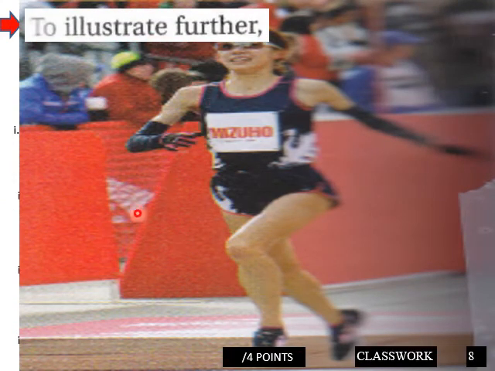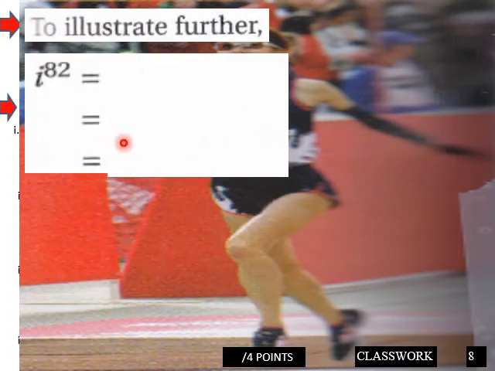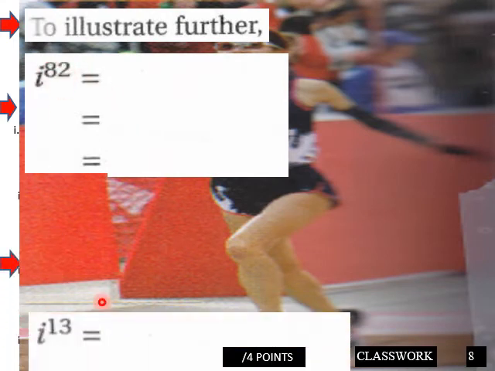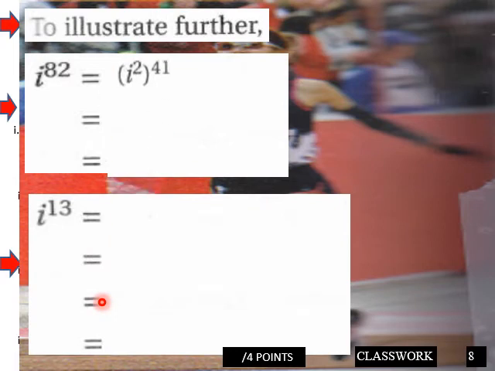To illustrate further, we have i to the 82nd power. How would we simplify that? We factor out an i squared, and that would be to the 41st power.